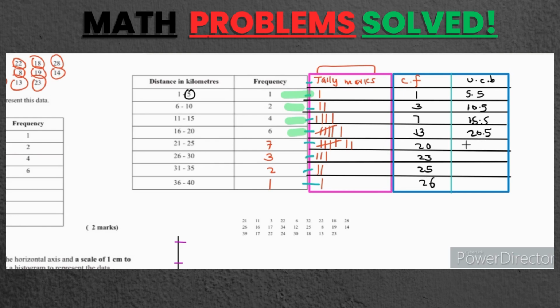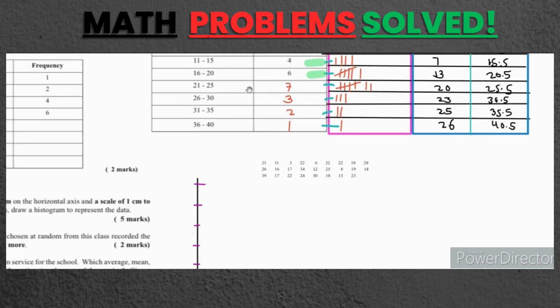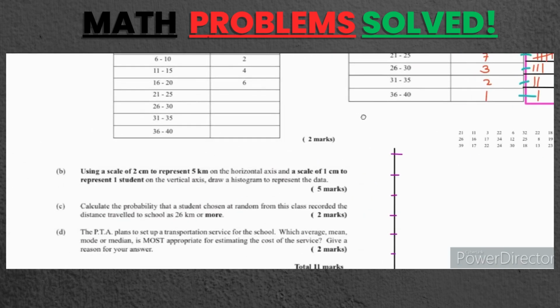It will become 25.5. It's 30.5. And this one is 35.5. And this is 40.5. These are the upper class boundaries, right?